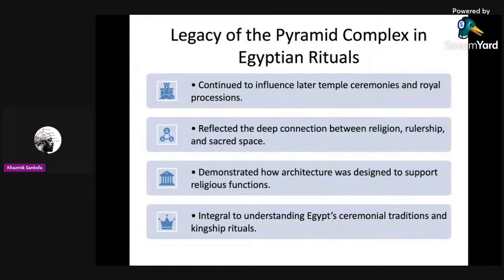So now the pyramid complex and its rituals, it influenced other temple ceremonies. It reflected a connection between religion, rulership, and sacred space. And this is actually really important when you look at how civilizations rise and fall, because when you're creating a nation, you can't just create the nation based upon strength.